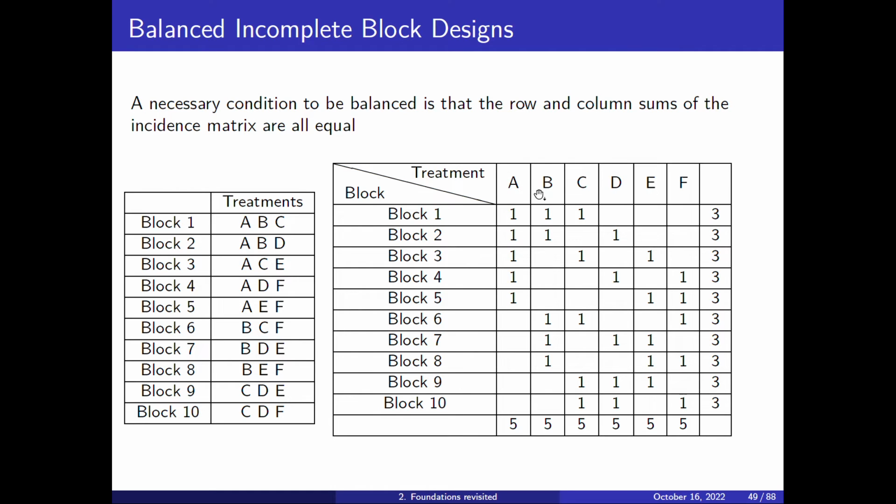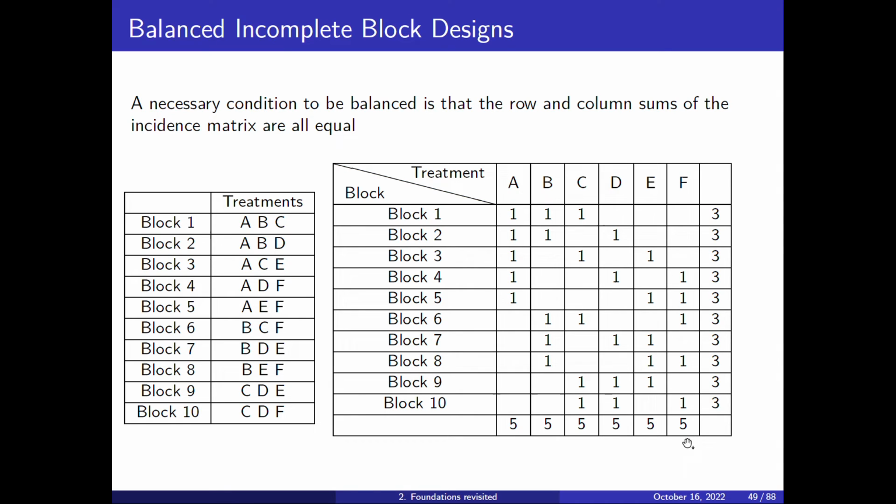So we can put it like this. Block 1 is receiving treatments A, B, and C. Block 2 is receiving A, B, and D. So we construct this matrix and then we sum by rows. All the row sums have to be the same, and all the column sums have to be the same.